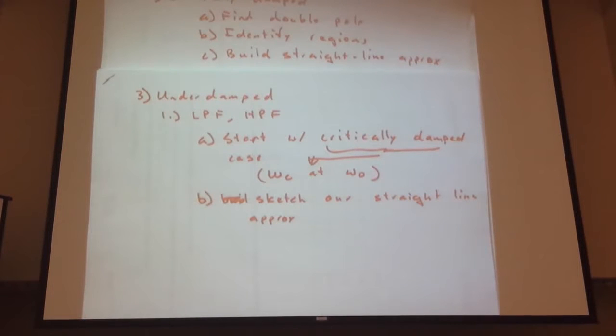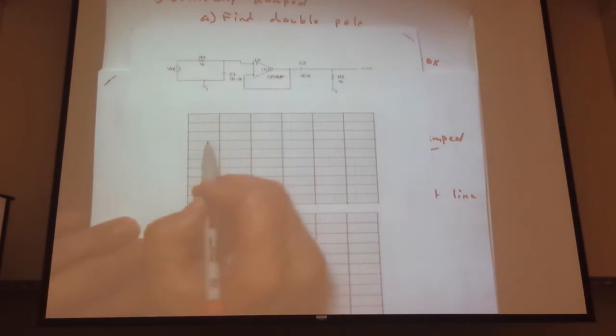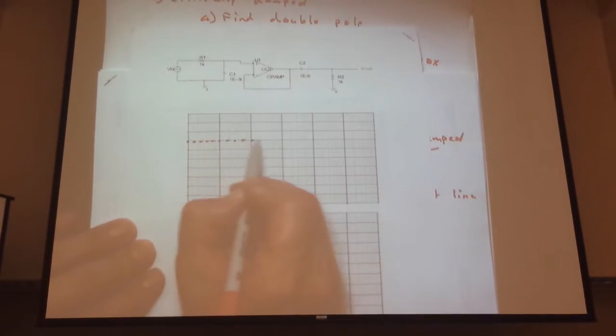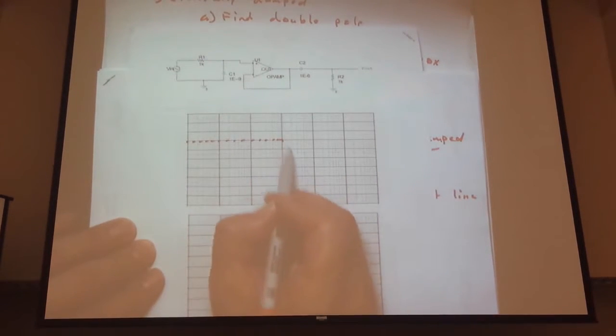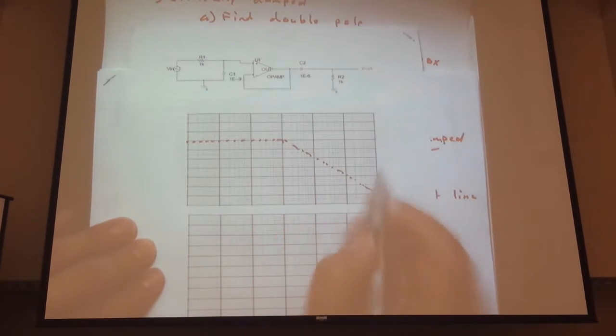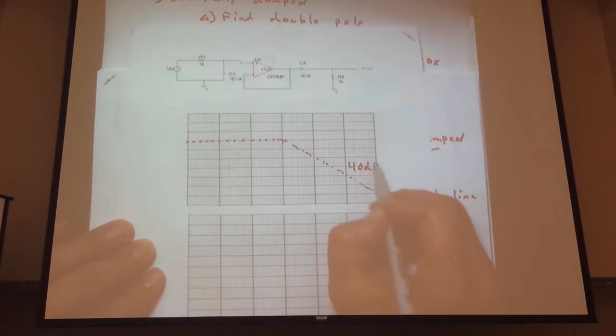And again, the circuit is not relevant, but if we're looking at a low pass filter, here's our straight line approximation. This is 40 dB roll off.